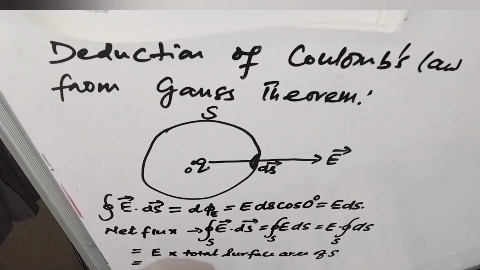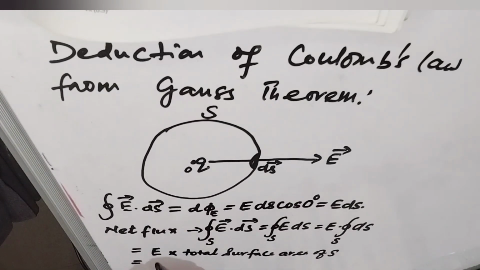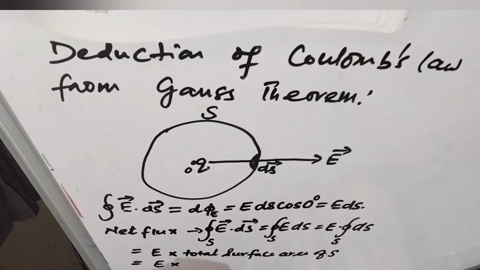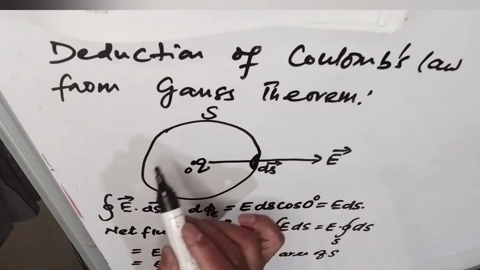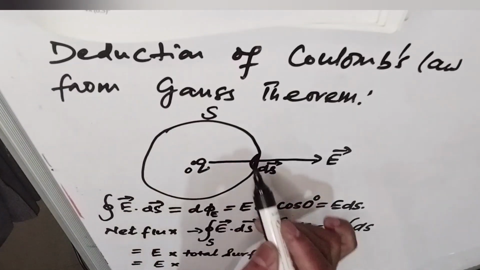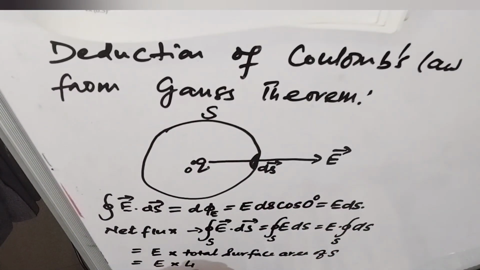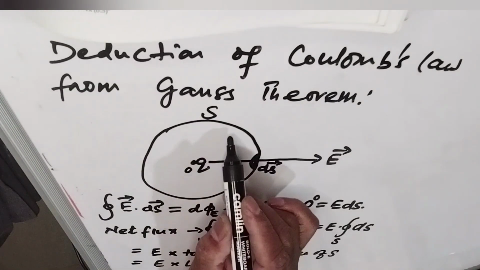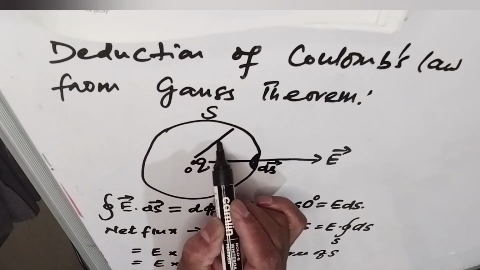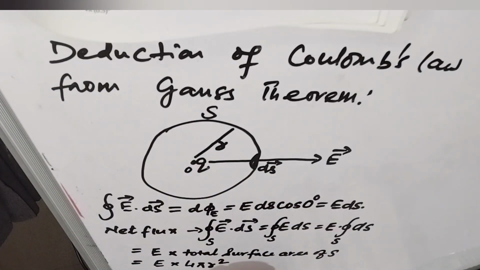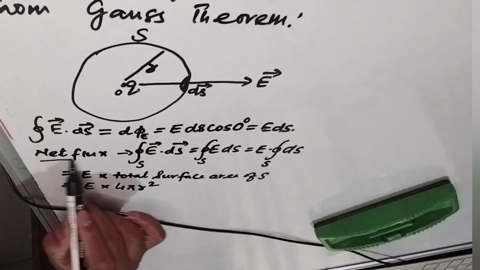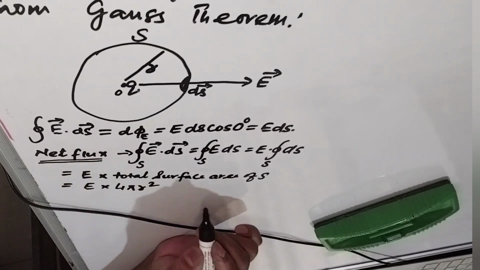So this can be written very well as E into total surface area of this imaginary sphere, which is nothing but 4 pi r square, if r is the radius of this sphere. So E into 4 pi r square is the net flux, right?